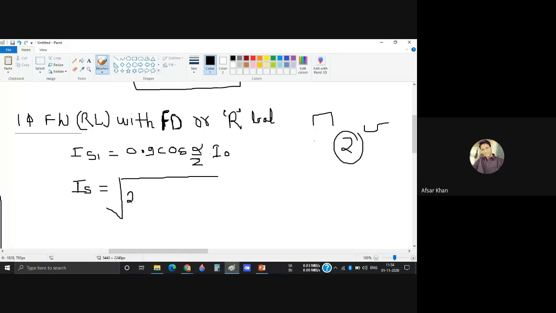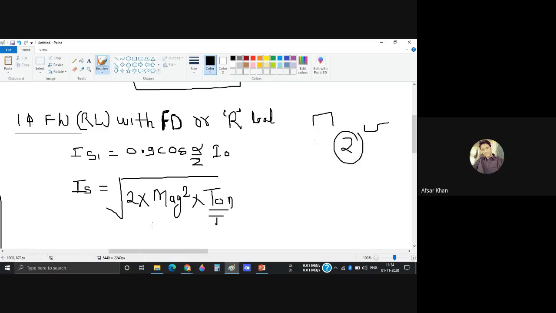So 2 into magnitude square into on time by total time.